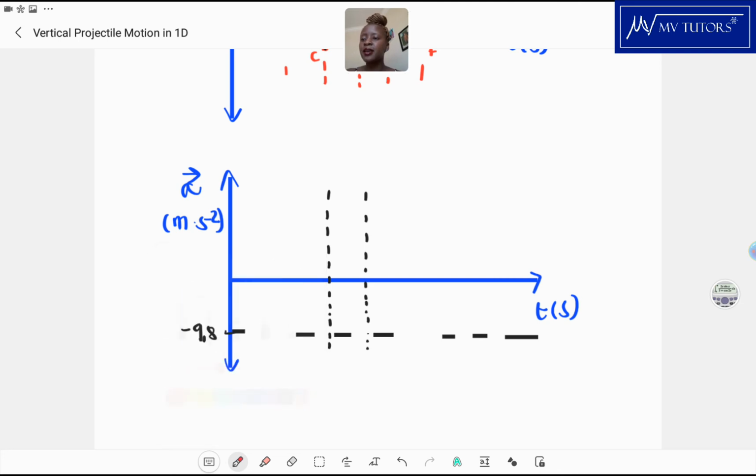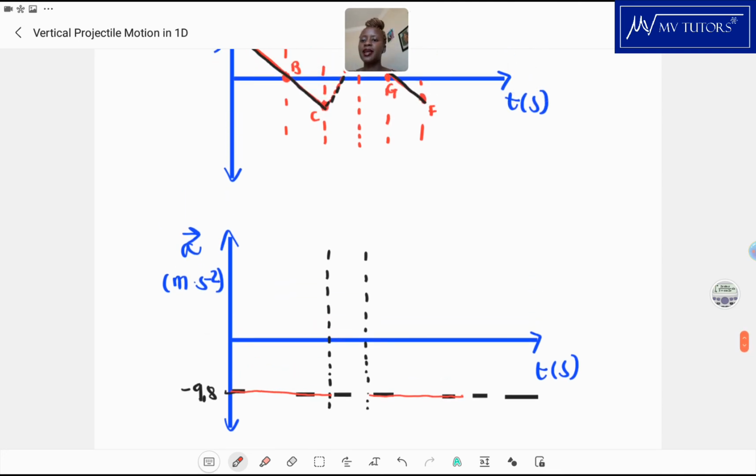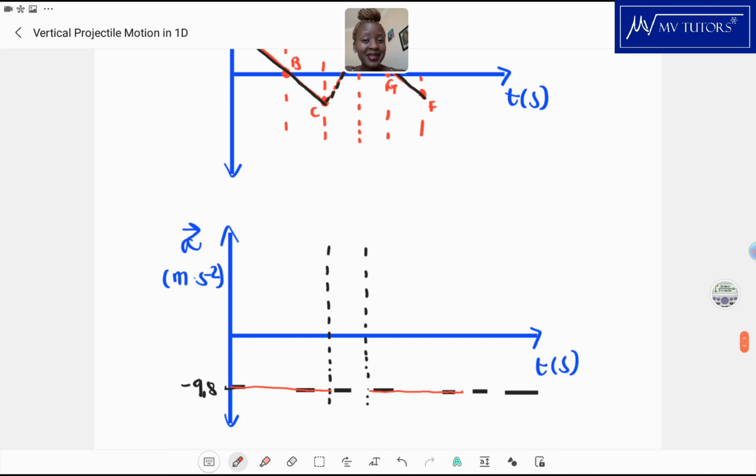Okay, so yes, throughout the motion, when the ball goes up and down, you have constant gravitational acceleration. And again, when it bounces, you have constant gravitational acceleration. But what happens when it's in contact with the ground? The acceleration will do something like that.